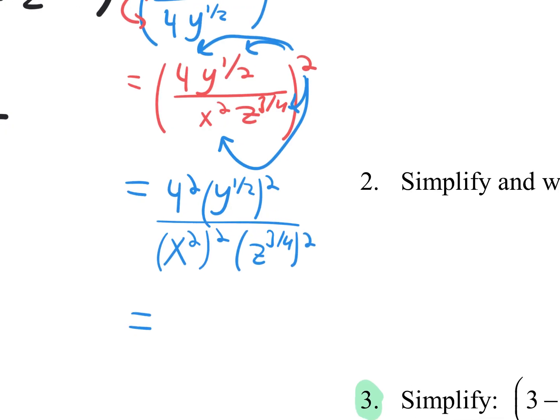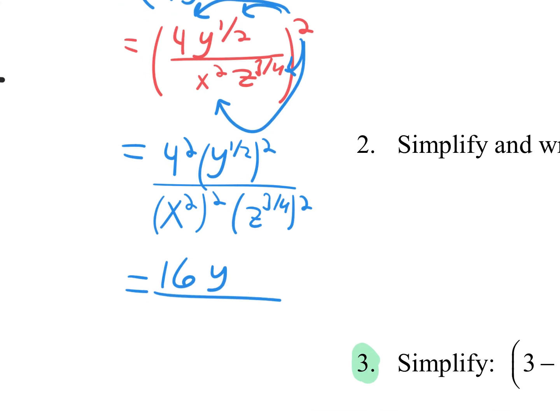All right, and then 4 squared, we should get 16. Y to the 1/2 squared, what does that get you? Just a regular y. And then what do we get on the bottom? X to what? X to the 4th. And then z to the, what does that become?